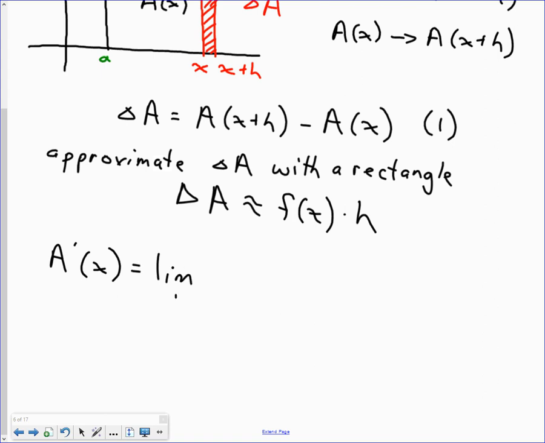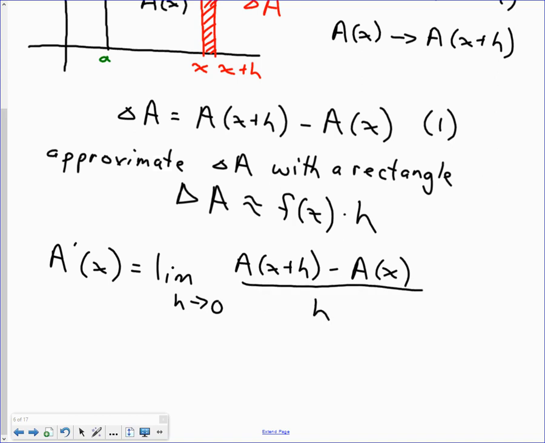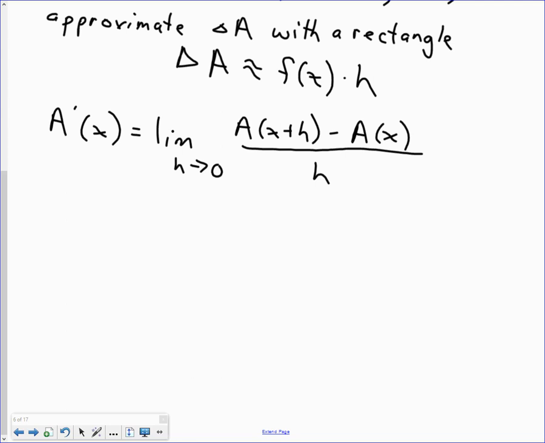So let's take the limit as h goes to 0 of A at x plus h minus A at x all over h. Now, we have an expression for A at x plus h minus A at x. That's up here, number 1. That's just delta A. So this is the limit as h goes to 0 of delta A over h.